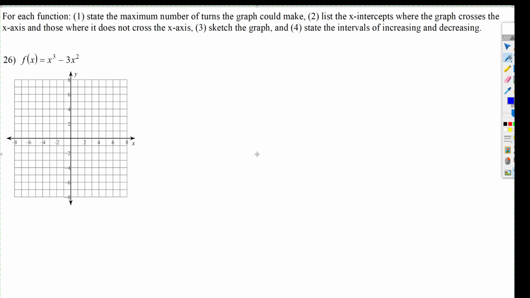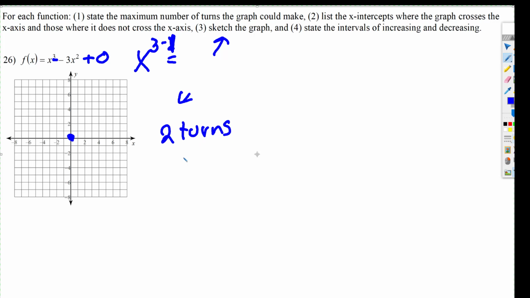So for this function right here, there is no number being added, so we're going to put 0. We already know that it'll touch right there. And we know that it's an x cubed, so that's an odd exponent. So we know the endpoints will be going in opposite directions. And that lead exponent, 3 subtract 1, there will be 2 turns.